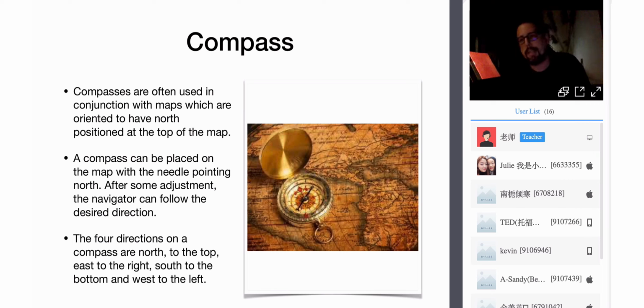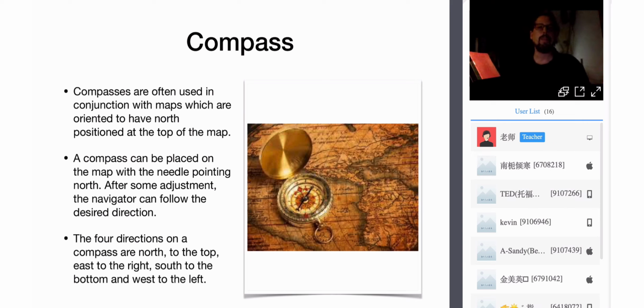To use a compass, you place it on the map, and you wait for the needle to get its bearing to point north. And after some adjustment, the navigator can then follow the desired direction. You put the map on the table, and you put the compass on the map, and you make sure the compass is pointing to the top of the map, and then you know if you want to go east or west to turn left or right.